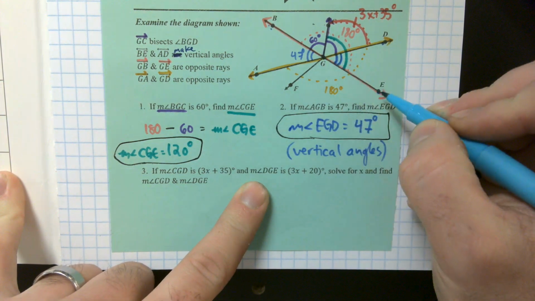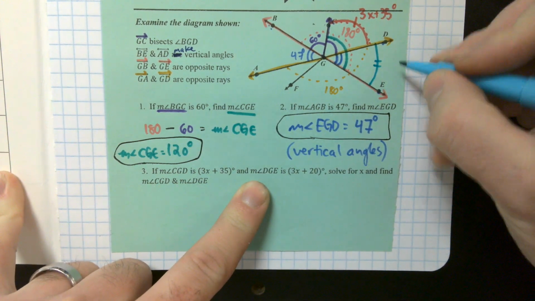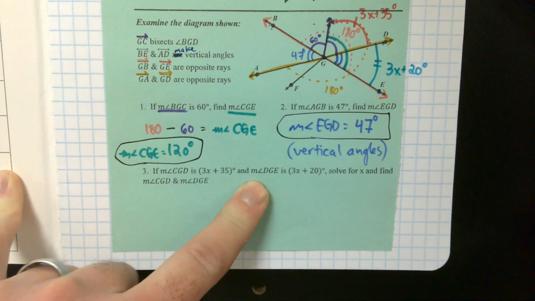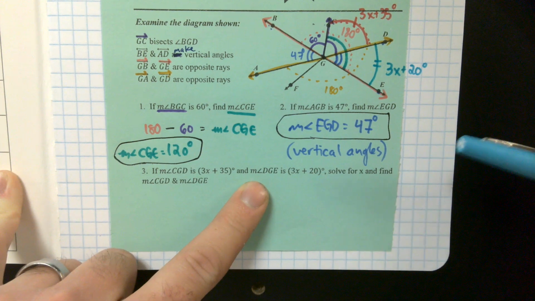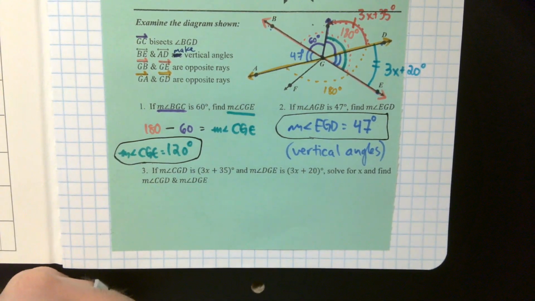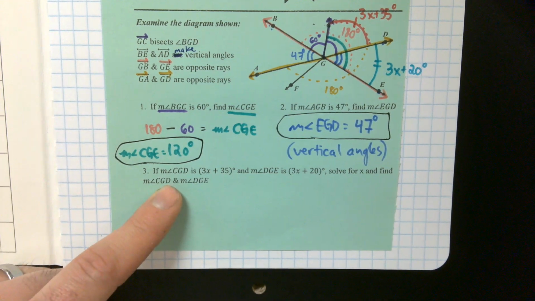And DGE is 3x plus 20 degrees. Solve for x and find the measure of CGD and DGE.